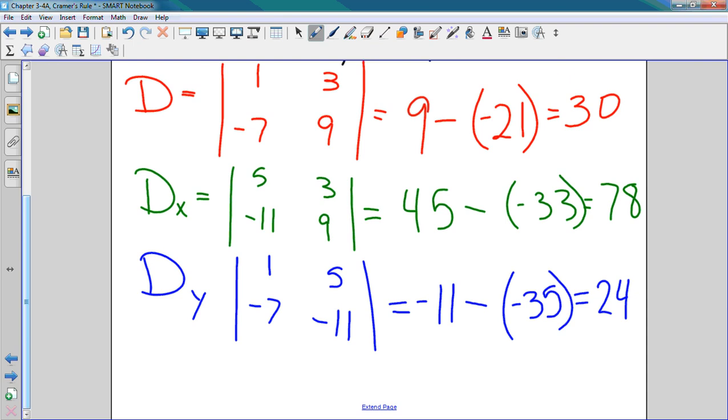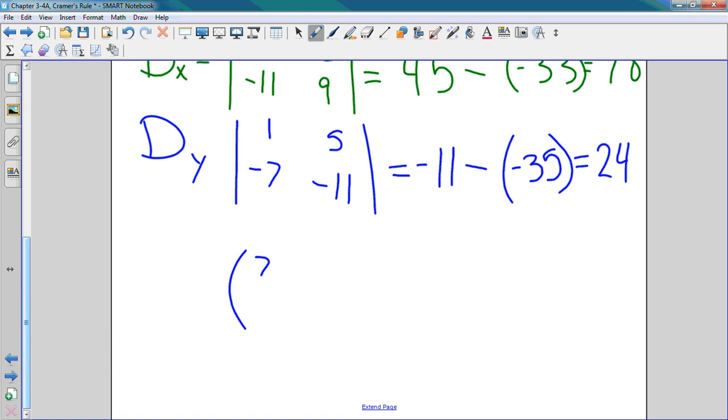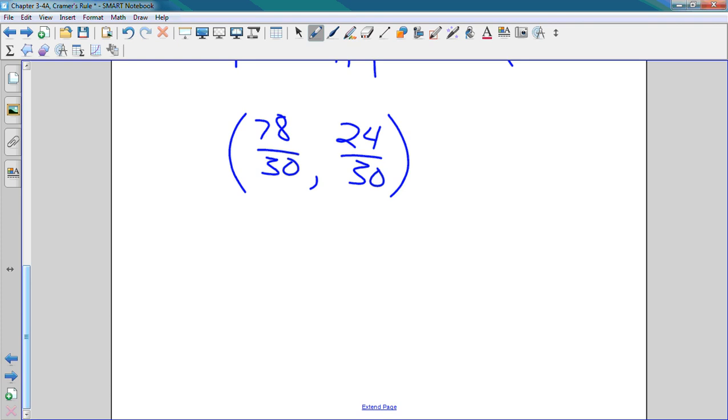Now, how do I find the intersection point? 78 over 30 is your x. 24 over 30 is your y. And just reduce. Divide by 6 gives me 13 over 5.